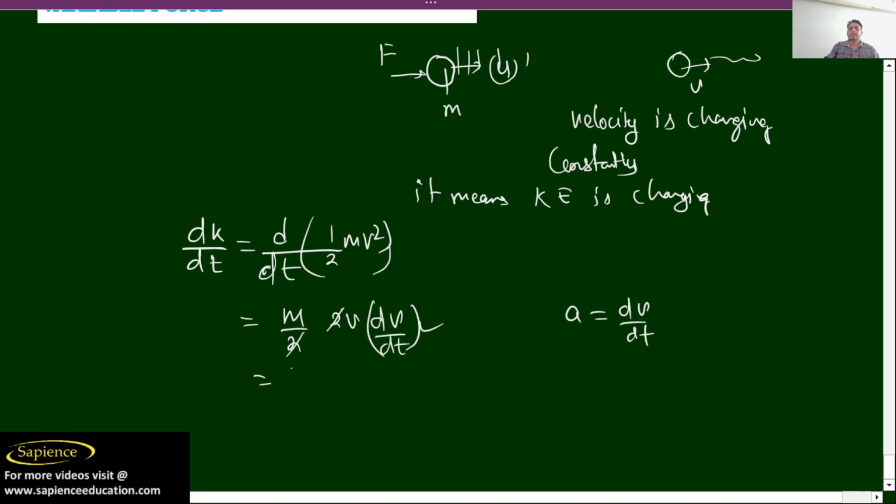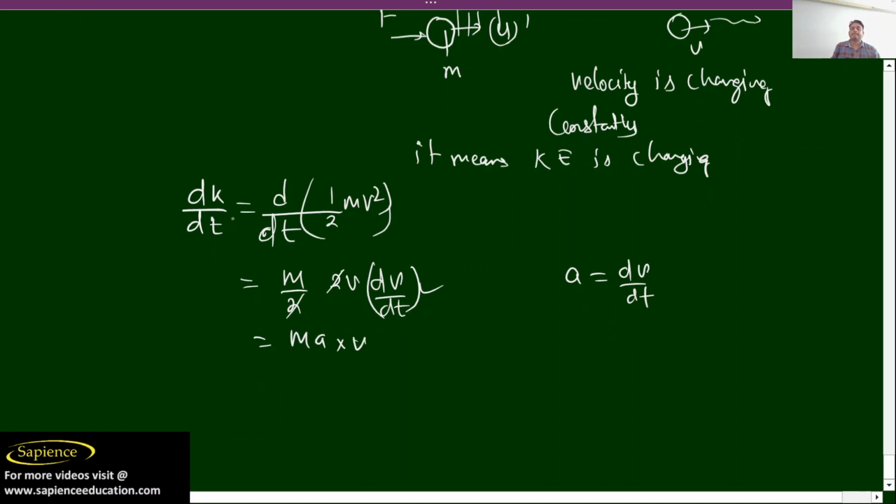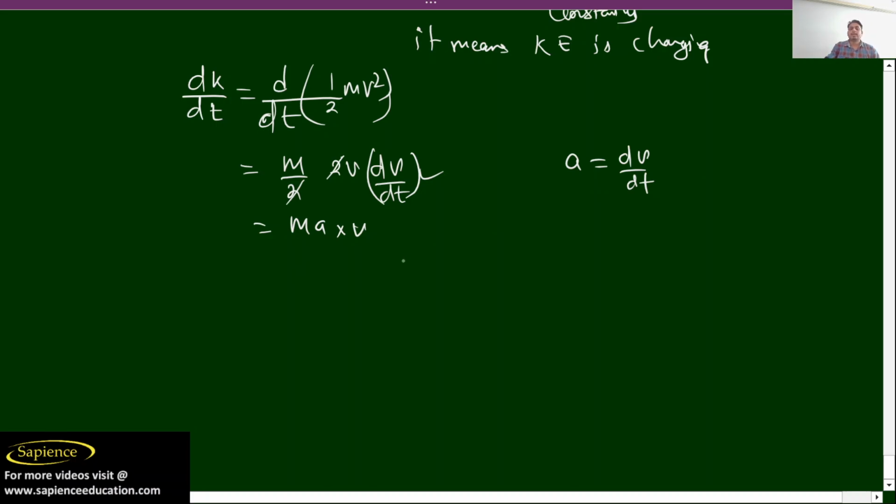As we know, acceleration is dv by dt, so in place of dv by dt, I can put ma, into velocity. Velocity v is equal to dx by dt.